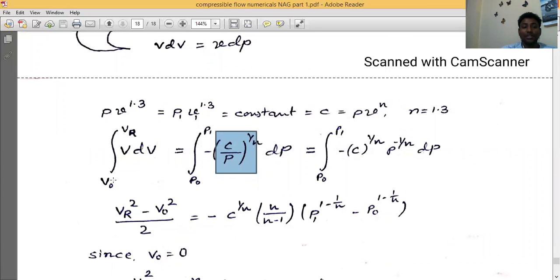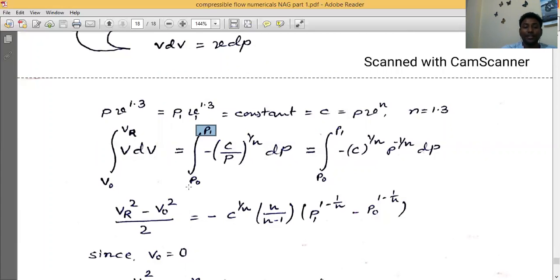And if we integrate the velocity, the inlet velocity is v naught, and the outlet velocity in the case of supersaturation, say, is Vr. So we can integrate velocity from v naught to Vr, then the corresponding pressure will vary. At the inlet it is P naught, and at the outlet it is pressure P1.